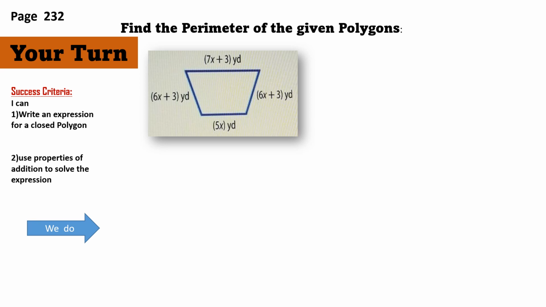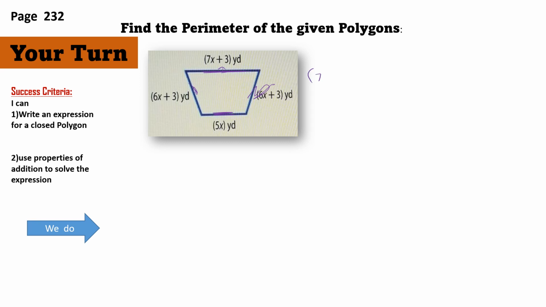If I am asked to find the perimeter of a polygon, remember that in order to find the perimeter, we add all the sides, right? So this is a side, then this is a side, then this is a side, and then this is a side. So when you add what is written on the sides, just write it down.